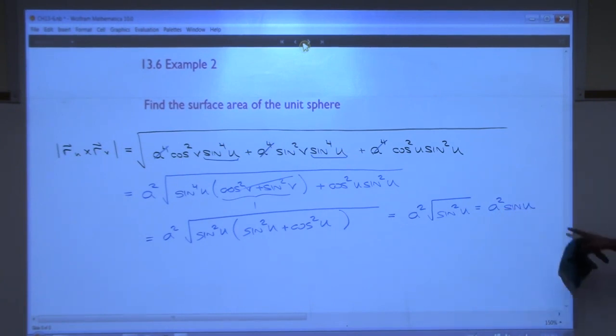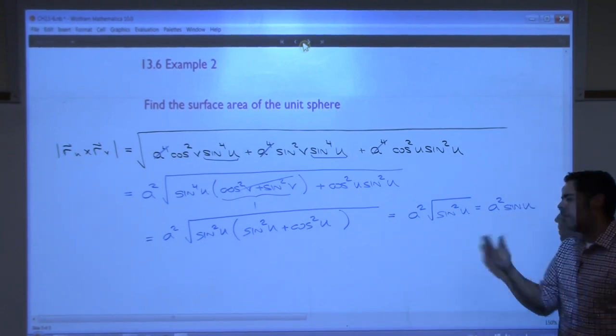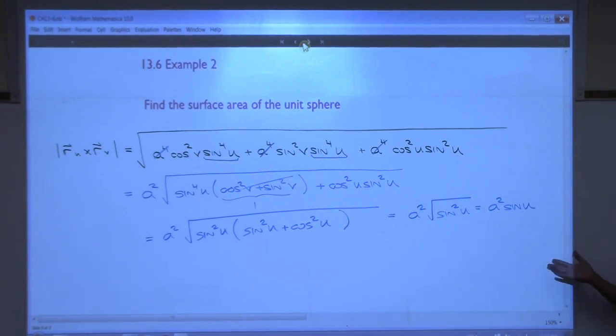I don't need to put absolute value because u's between 0 and pi. Sine is always going to be positive, so we're good. We don't need to worry about that.